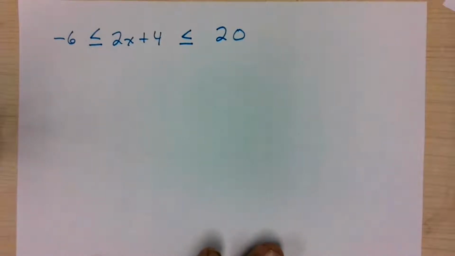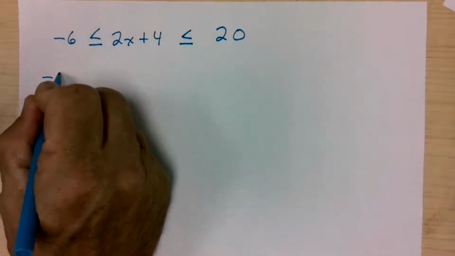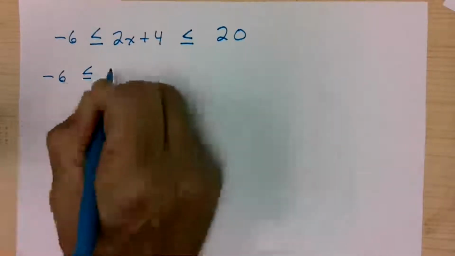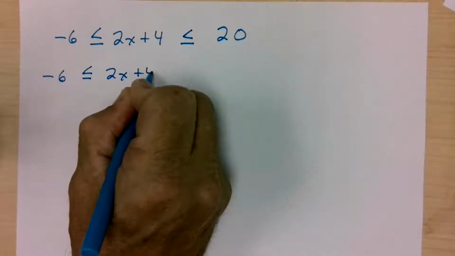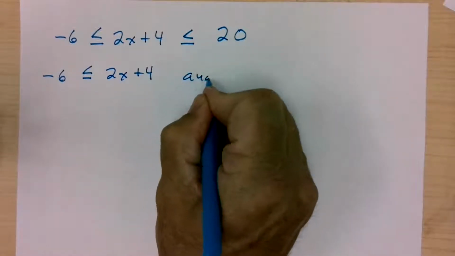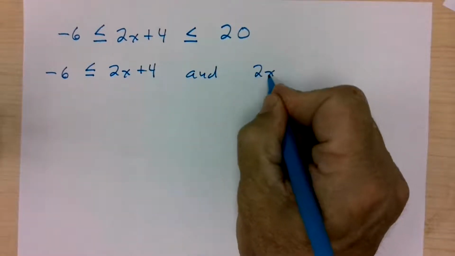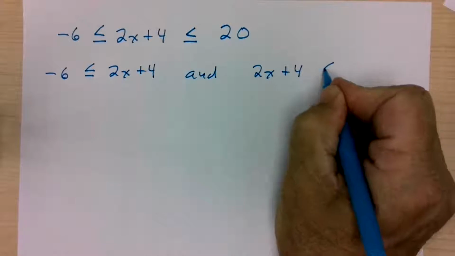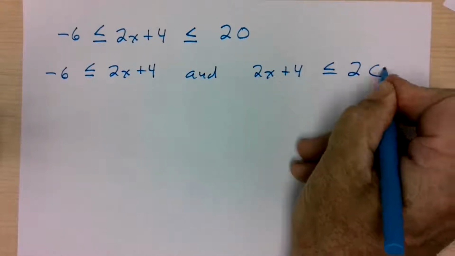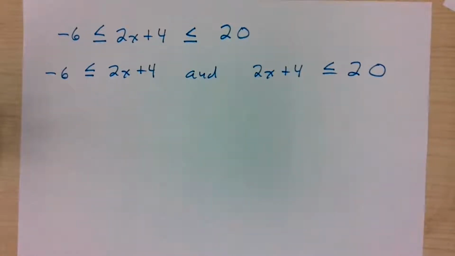So I like to break it up into its two pieces. -6 less than or equal to 2x plus 4, and 2x plus 4 less than or equal to 20. So these are the two things I have to solve, and I've got to find the points that are common to both.